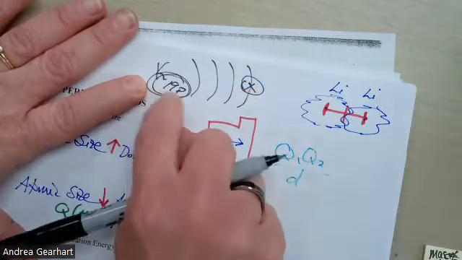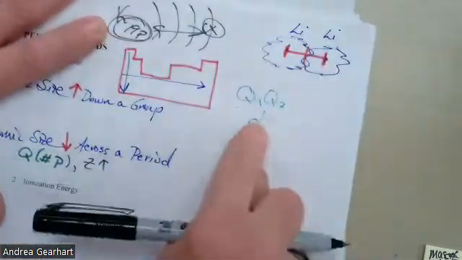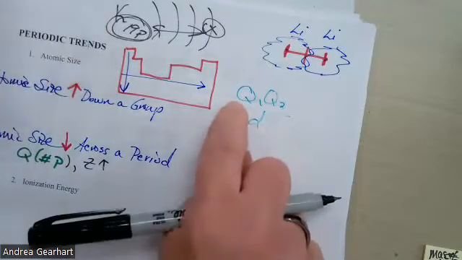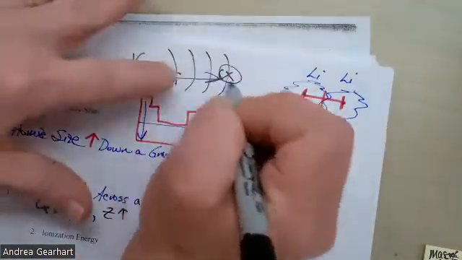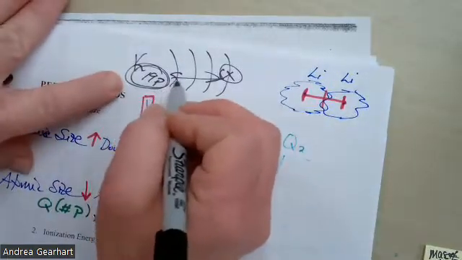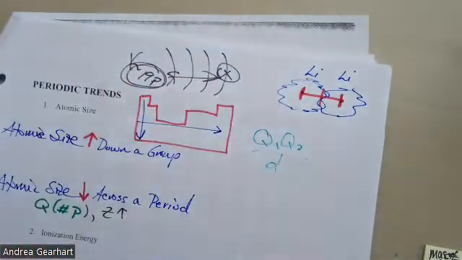Well, the nucleus, yes, has a certain attraction based upon the distance and how many protons, but there's also electrons leading up to that that are taking some of the electrostatic force. That concept is called shielding.